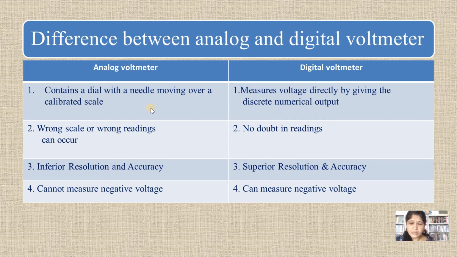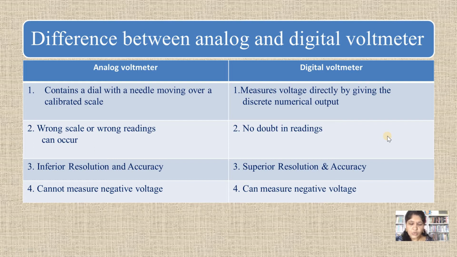In the analog voltmeter, the observer has to read the readings. They have to take where the needle is pointing over the calibrated scale, so errors can occur due to wrong observations or wrong readings by the observer. Whereas in the digital voltmeter, because it directly provides the readings, we can read them directly, so there is less chance of errors.